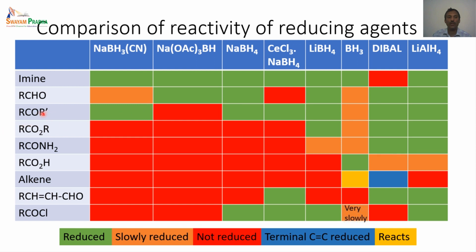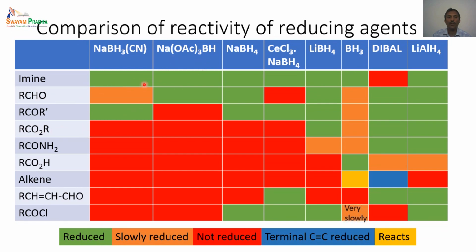And when we talk about ketones, sodium triacetoxyborohydride does not reduce it. So in other words, if we have to selectively reduce an aldehyde and not a ketone, we can use this particular reagent. And if we have to reduce only the ketone and not the aldehyde, we can use this reagent. So chemoselectivity can be very well addressed with the help of differing reducing agents.